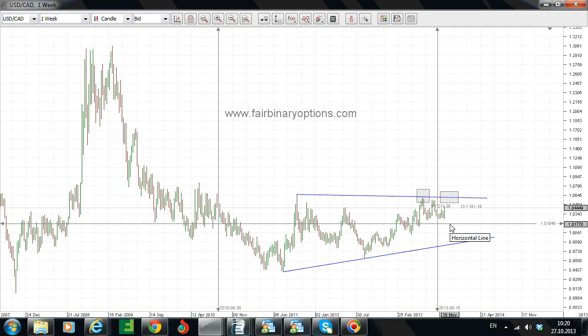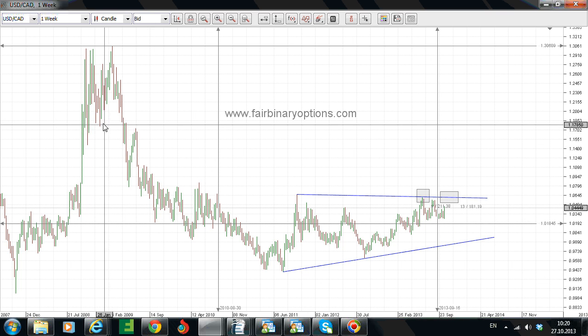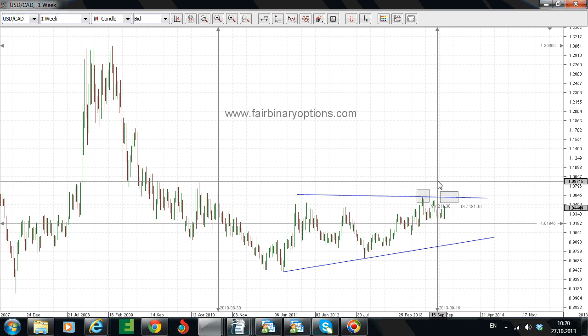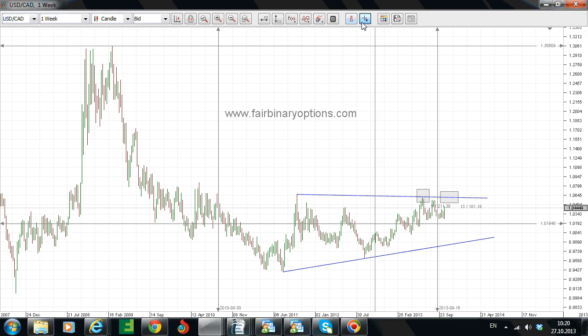It implies that the whole correction that started from the upside, from the 130 level, just ended this year. So the whole correction that started in 2008 ended five years later, this year in September. Now you can imagine what kind of a move or a break we should have on the US dollar Canadian dollar, and I want to be part of this.